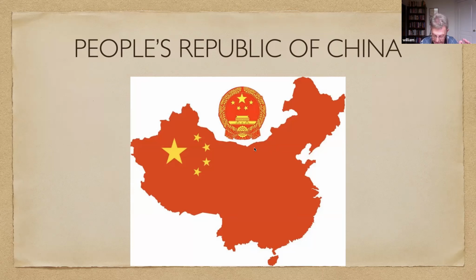I'll just refer to that as the PRC from now on. They claim openly that Tibet is part of China. Furthermore, they proclaim what they call an ideological, sociological motivation to liberate the Tibetans from the theocratic, feudal rule of the lamas.